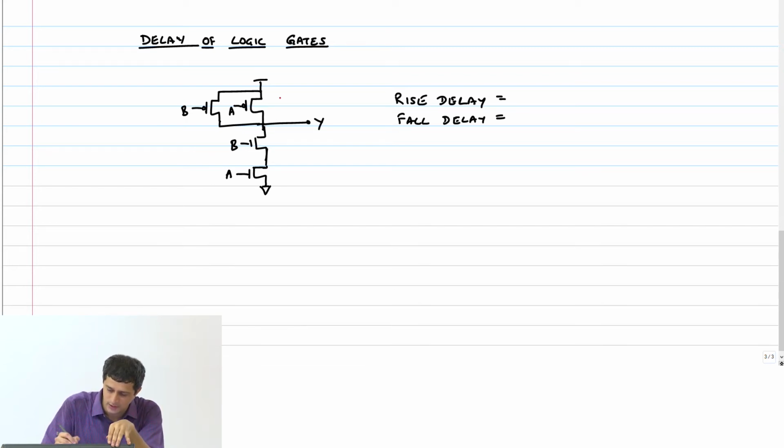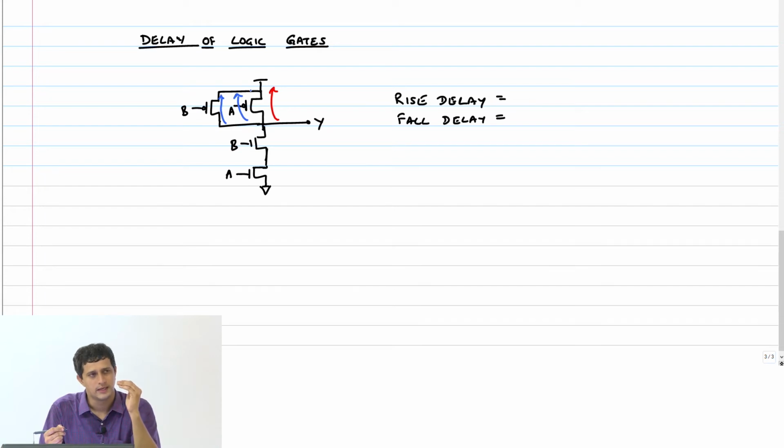If this happens, then it happens through a resistance of R, and therefore that is going to be your worst case delay. On the other hand, if it gets pulled up by both transistors together, then it's an R by 2 resistance, and therefore that's your best case delay.